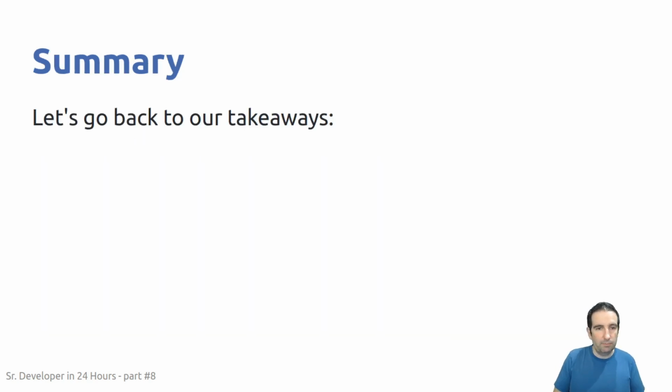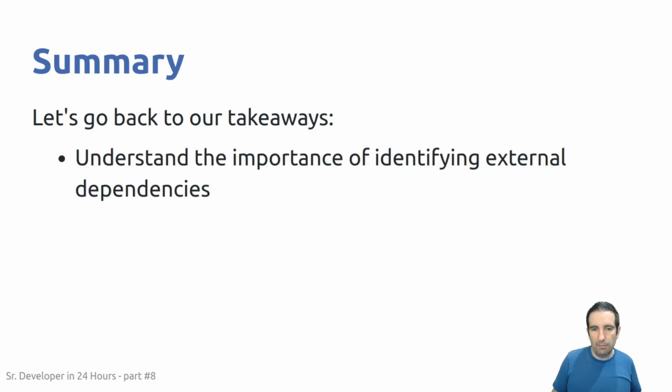Okay, now let's quickly go back to the takeaways that we laid out in the beginning. We wanted to understand the importance of identifying external dependencies. Again, external dependencies tend to be the most critical points that will hold us back from being able to achieve our goals. Agile will help us manage the internal workload, manage the internal tasks that we're dealing with, but external dependencies tend to be more complicated because they are somewhat outside of our control.